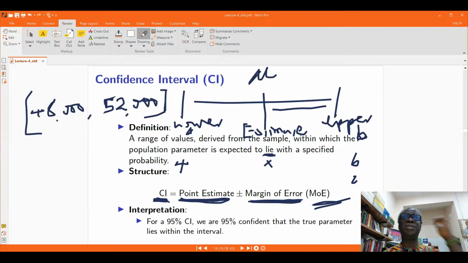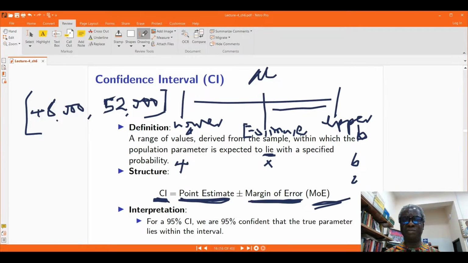If it's the mean, we can use the sample mean. If it's a proportion, we can use the sample proportion. We know the formula already. Even if it's variance or standard deviation, we already know the corresponding sample estimate or estimator.